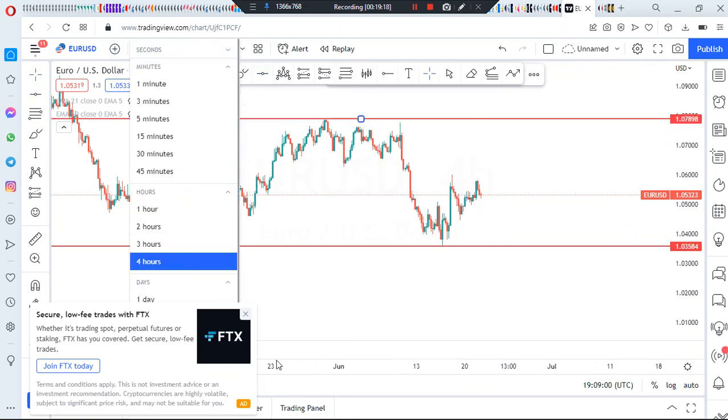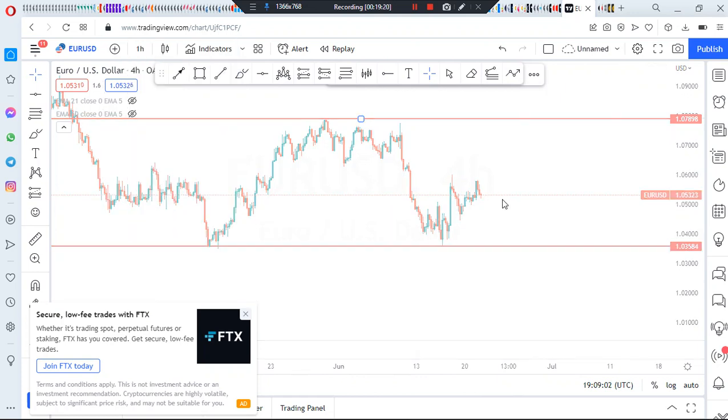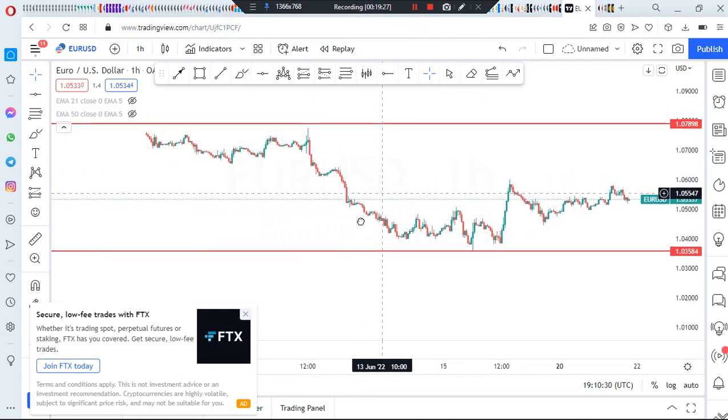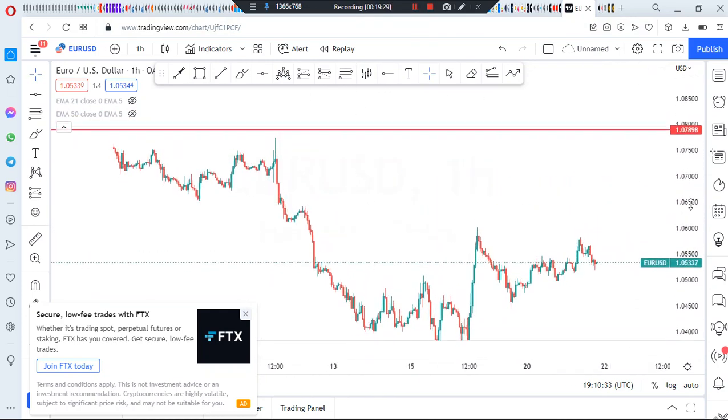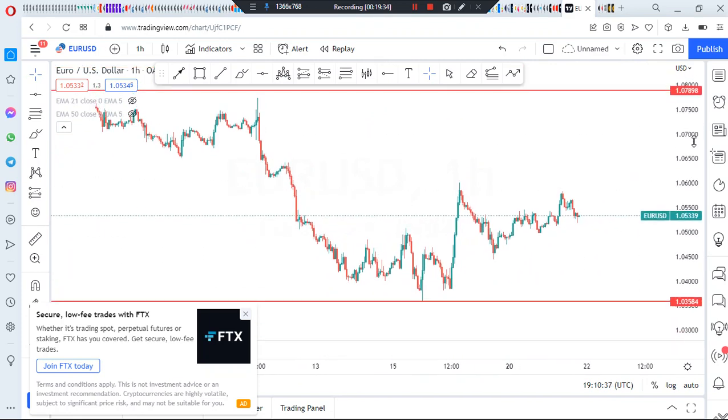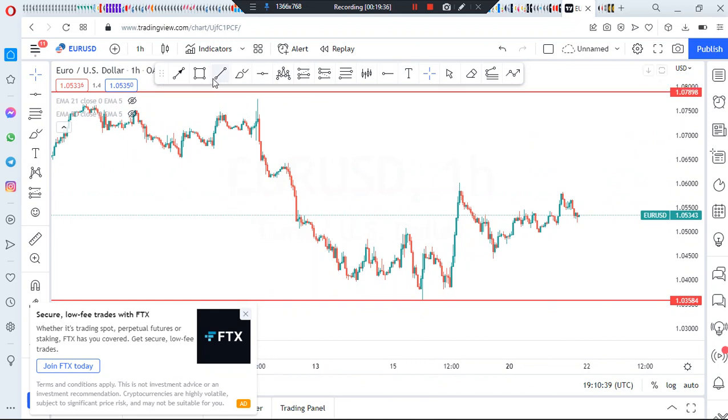So let's go to the smaller time frame. This is the 1 hour. Okay, so this is what we have in the 1 hour time frame. Let me just zoom to make it a bit clear. So let me take this line and put it around this area.